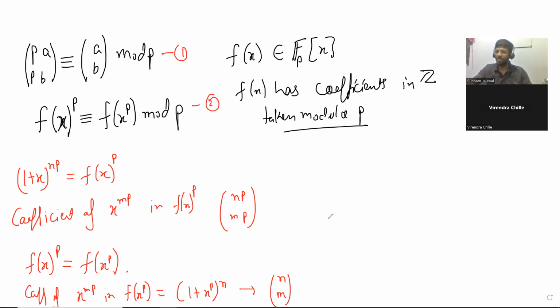And so these two coefficients should be equal, right? Equal in F_p means equal modulo p. We are working in modulo p, so there they are equal. So these two are equal, and our theorem is proved.